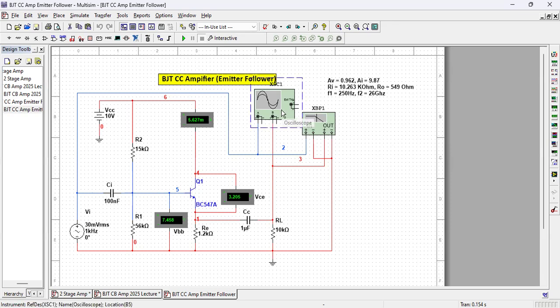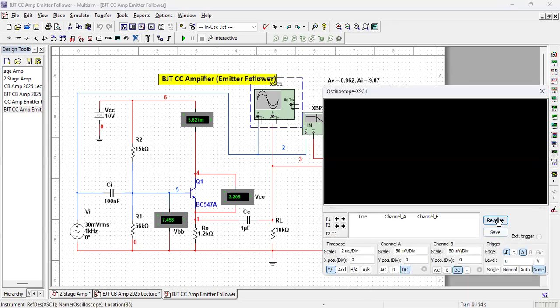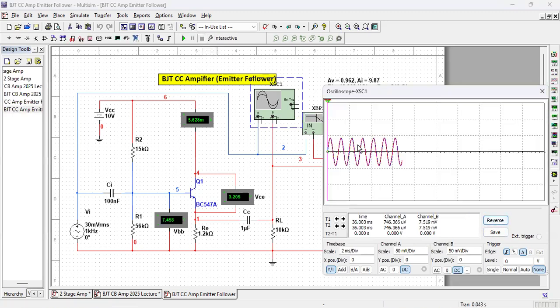So this is the oscilloscope. Let's turn on the oscilloscope and reverse the screen. You see the blue line and red line are more or less the same. That means there is no gain.